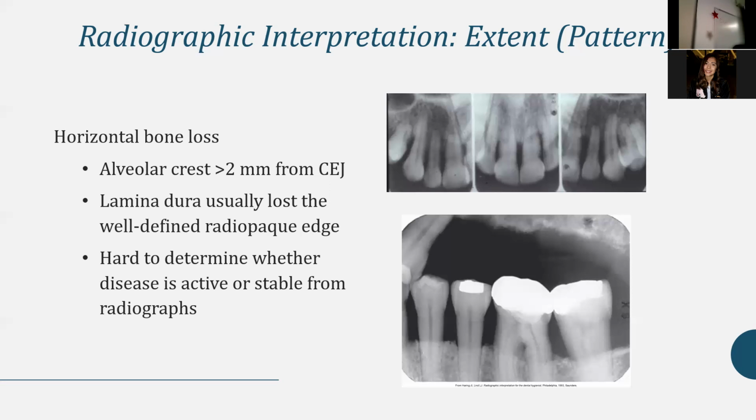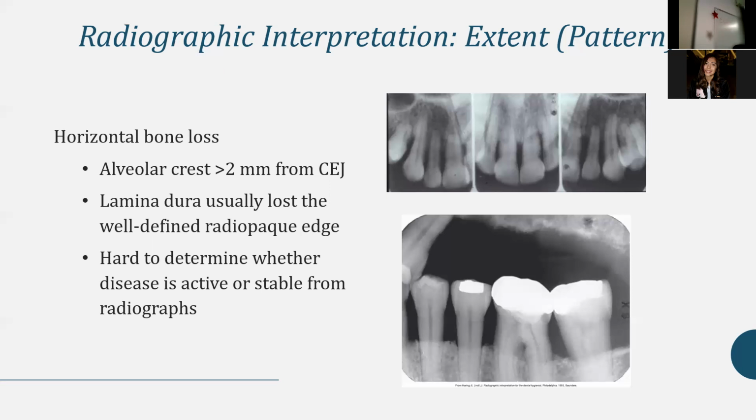This is probably not perfectly to scale, but you can color these different colors. If we have the CEJ up here, the bone level can be just a hair below the CEJ and still be considered healthy bone level.